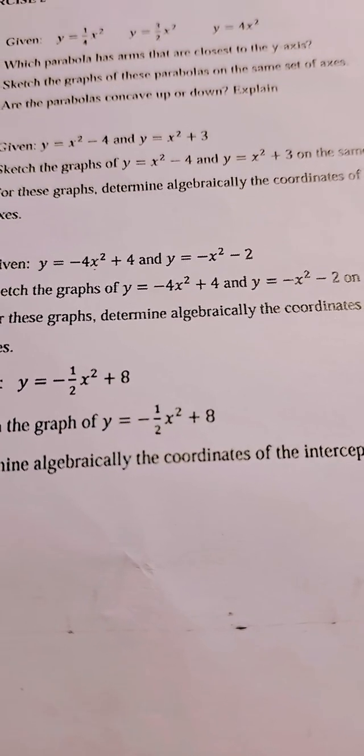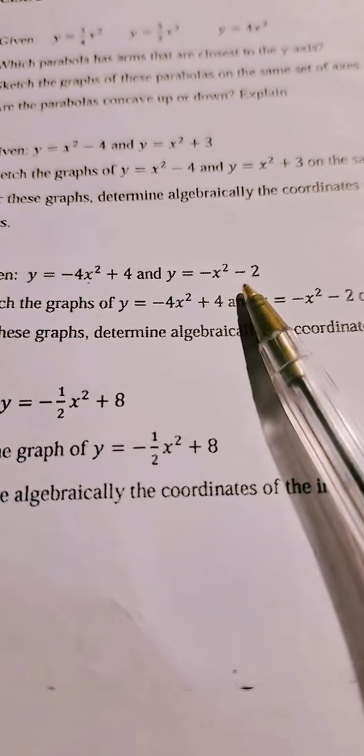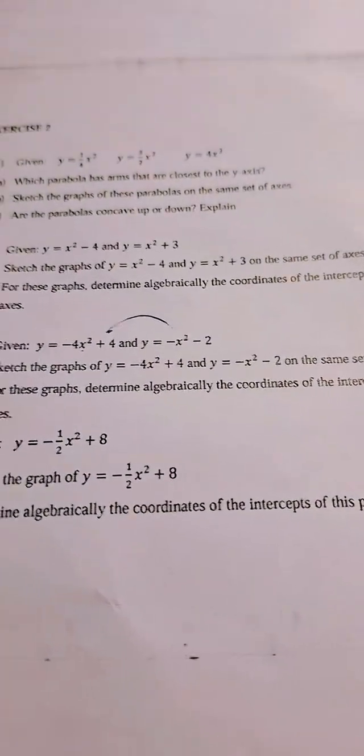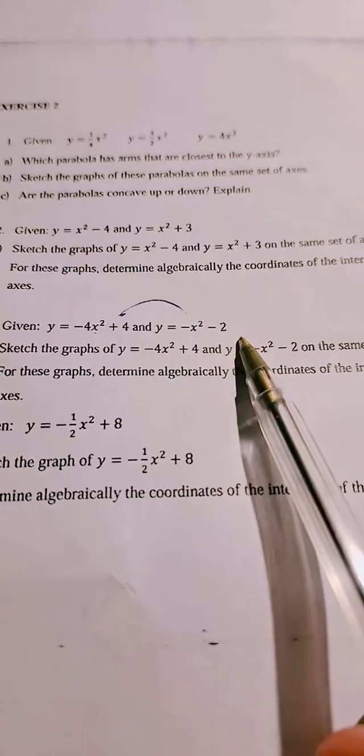For instance, if I come here, what happened? Describe in words the transformation of this function to that one.